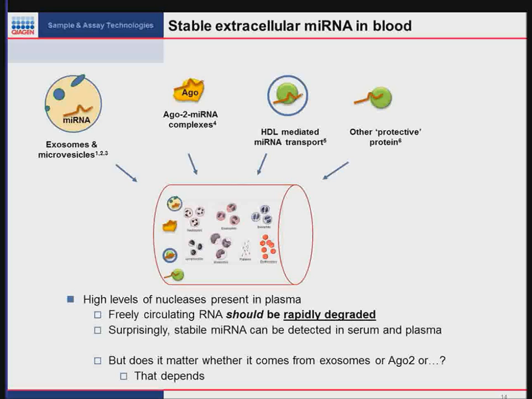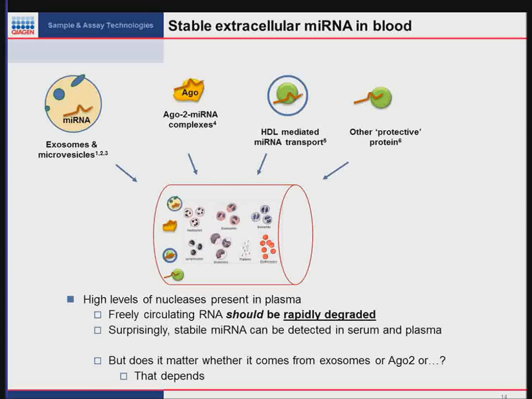And what's known about them now is that a lot of this microRNA is in exosomes or microvesicles, and we'll talk more about those. Some of it, though, is complexed with AGO2, so the protein is protecting the microRNA. Nobody's really quite sure how these get into the extracellular environment. It may just be that cells that lyse through apoptosis or whatever are spilling contents in, but they are there.